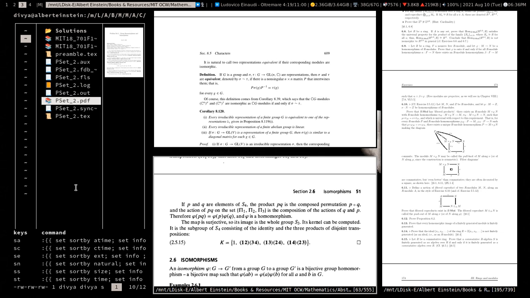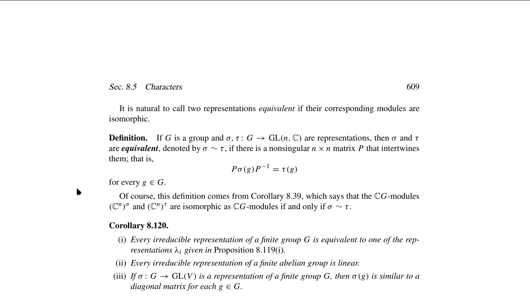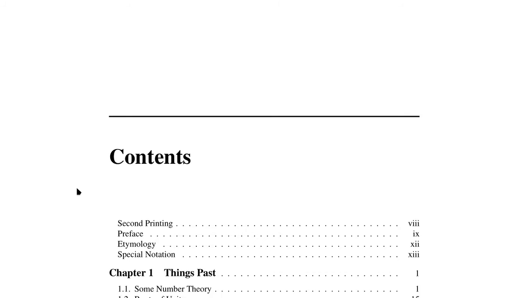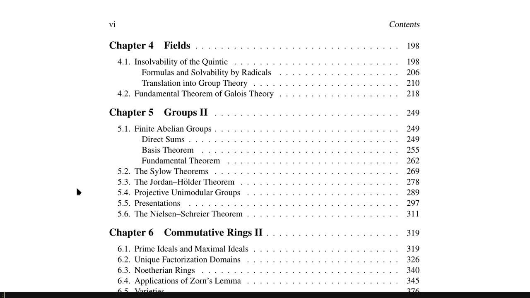So yeah, we're done with the group actions, and we're ready to go to the second chapter on groups, on finite abelian groups and stuff there. We've got a lot to tackle next lecture.